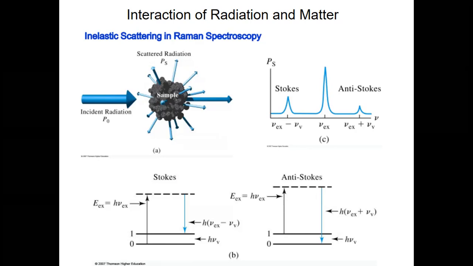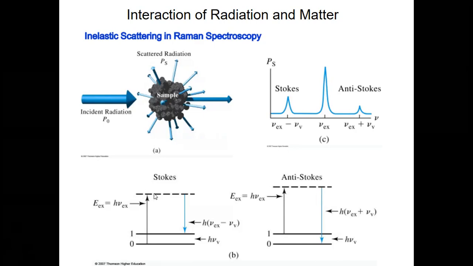So these types of changes or scattering changes can happen in Raman spectroscopy. It's all because of this inelastic scattering. If you remember, when you learned Raman spectroscopy, you might have heard about the virtual states. This is the virtual state. The electron jumps to a virtual level, right?